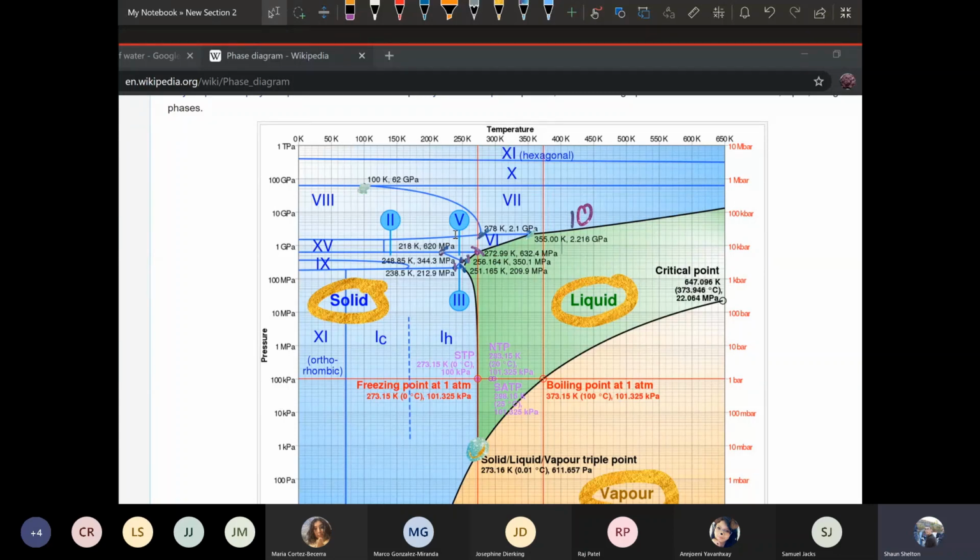So as you start to squeeze on that solid, keep in mind that when you look at a solid form of water, it actually has a hexagonal structure to it. So there's a lot of space in the middle of this structure.